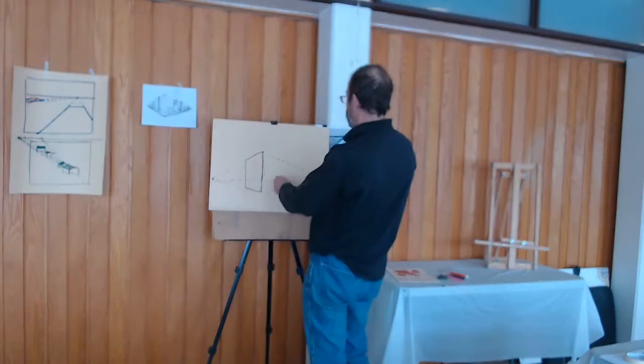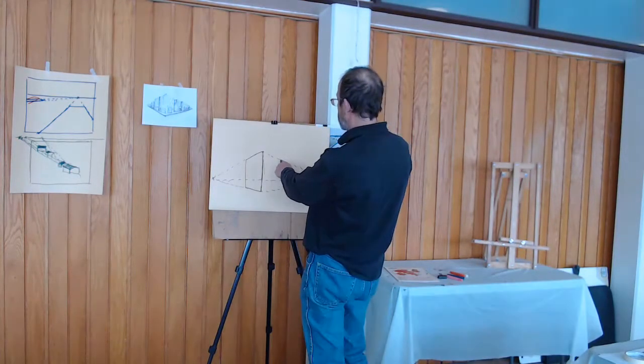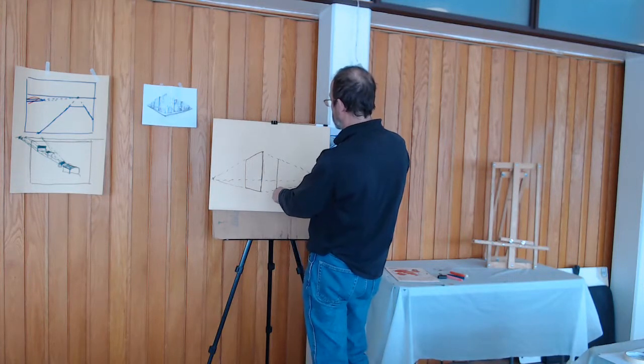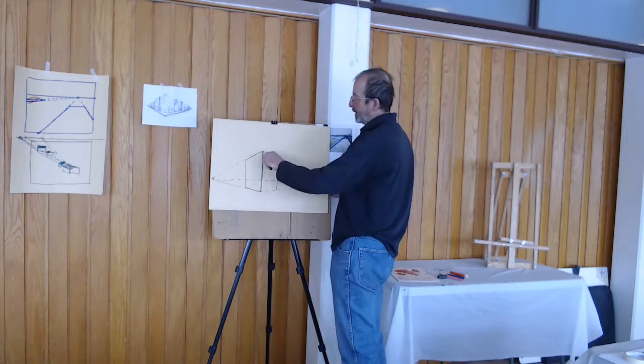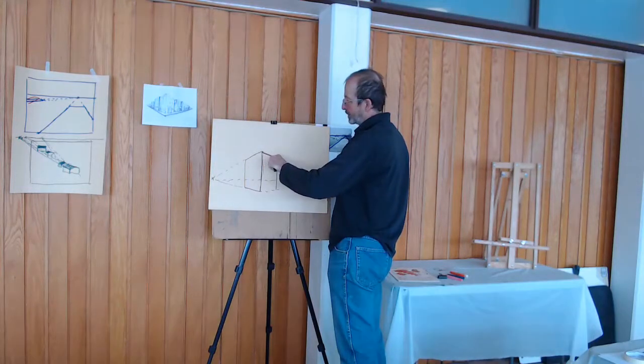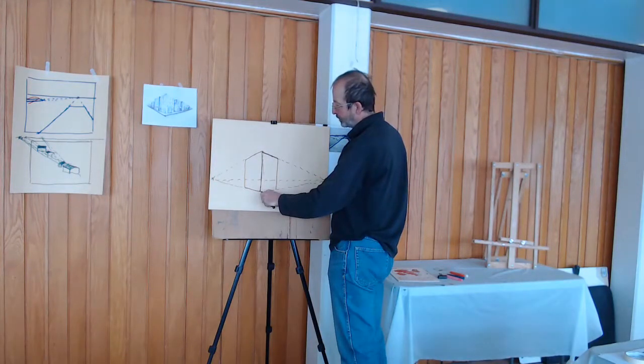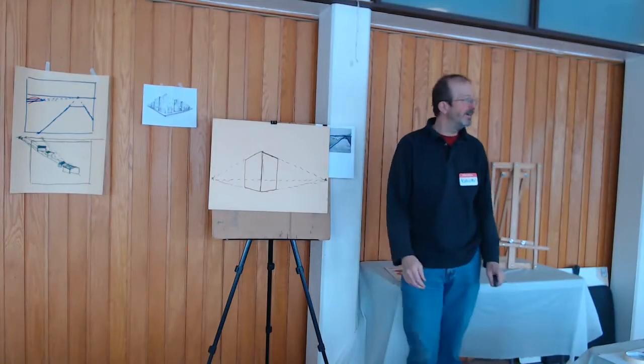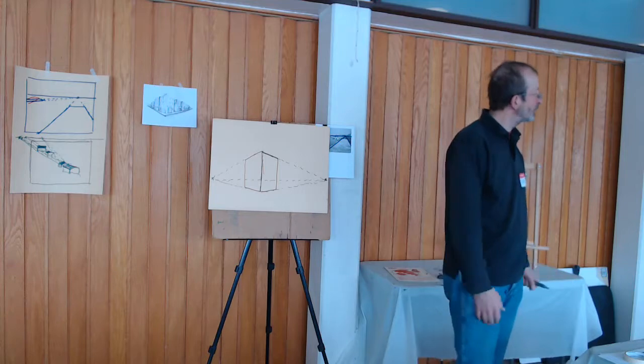So once again, I can put in another vertical. The top of my building goes to the vanishing point, the bottom of my building goes to the vanishing point, and hey presto, it looks like a cereal box or a building.